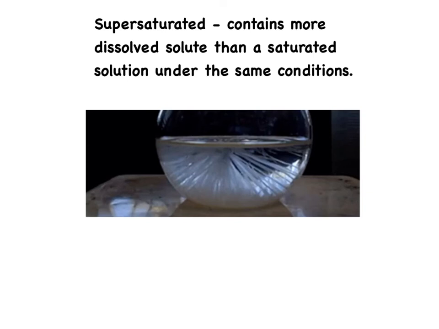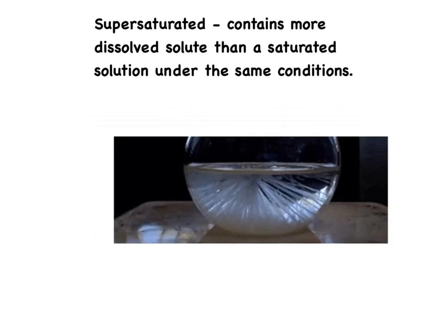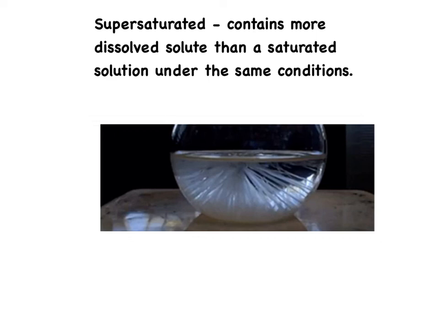So once you've cooled it down, if you added just one tiny little crystal more of your solute to the solution, it would cause the entire solution to crystallize out like you see here. And we'll do this demo in class, and there's also a video on the website. So supersaturated solutions can be difficult to create, and they're very unstable.